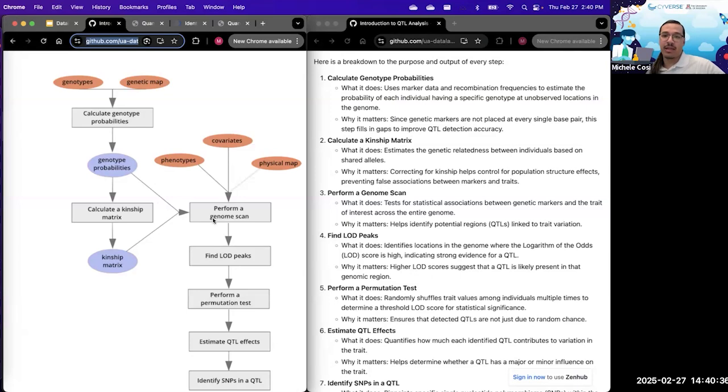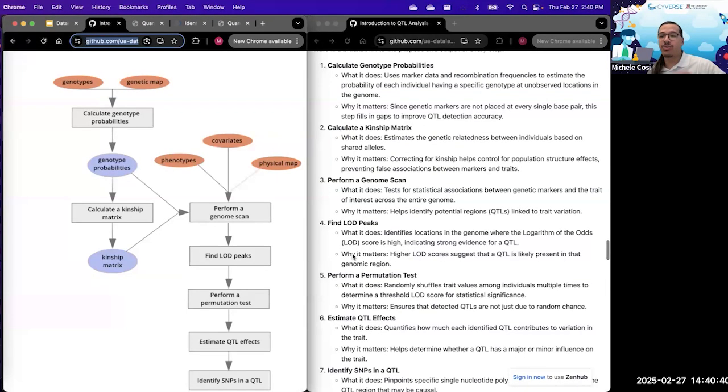Why it matters is that it corrects for kinship, helping to control the population structure, preventing false associations between markers and traits. So a genome scan can be done directly with the genotype probabilities, but if you want to correct for kinship and make sure that you do not have any false positives, you do require a kinship matrix.